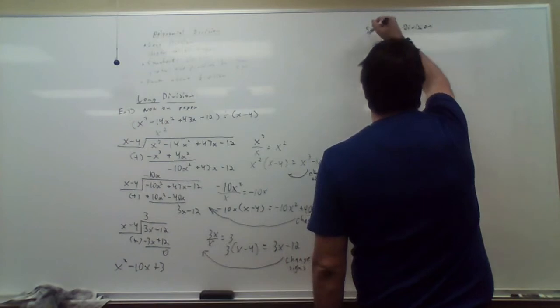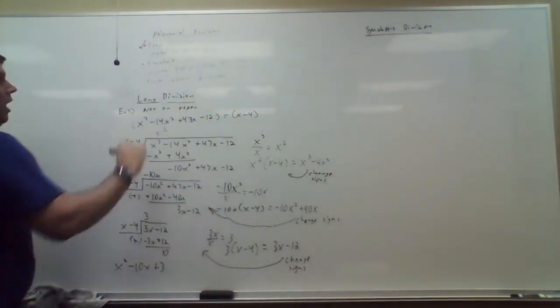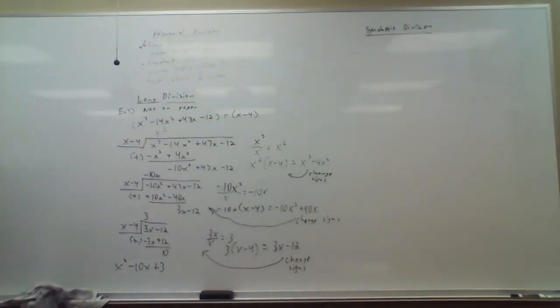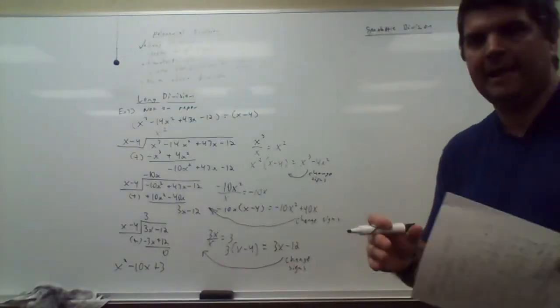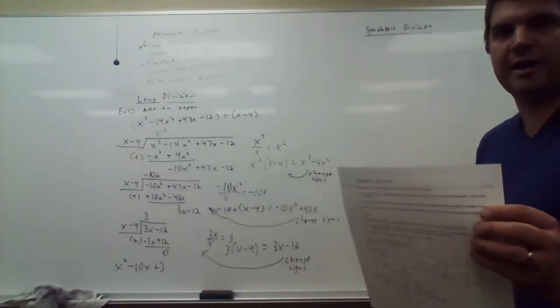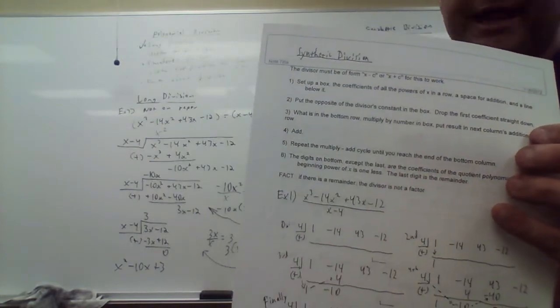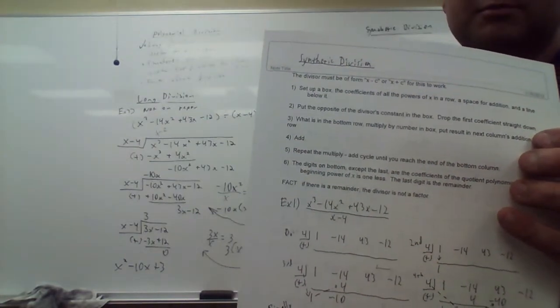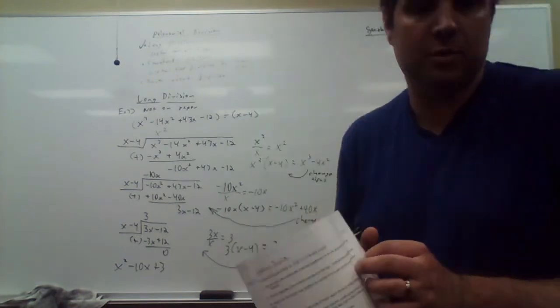So now, I will move on to synthetic division. And I'm going to be referring at first to this handout. We will do all 3 examples, and then we will go off the paper to new examples.